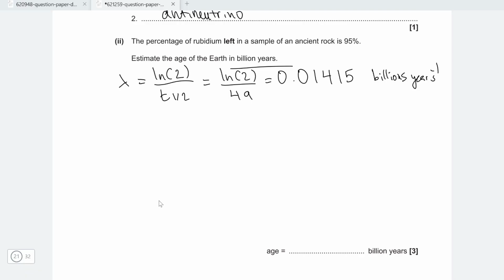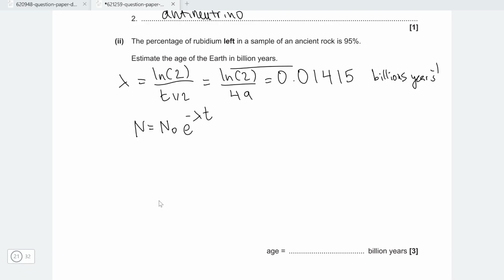Okay, well, now let's use that in the exponential decay equation. So we know that n is equal to n naught e to the minus lambda t. Now if n naught is 100, then n will be 95, because there's about 95% left.